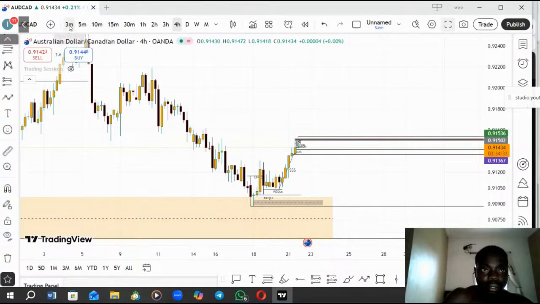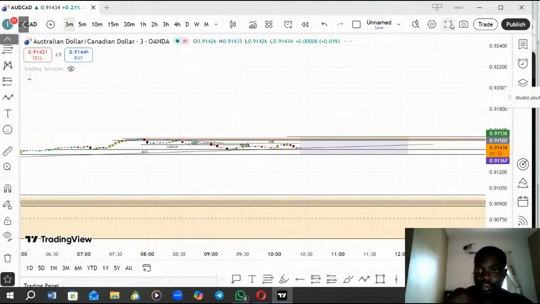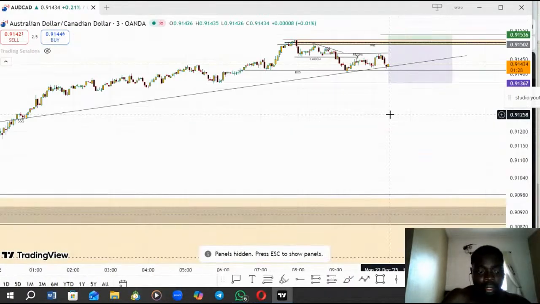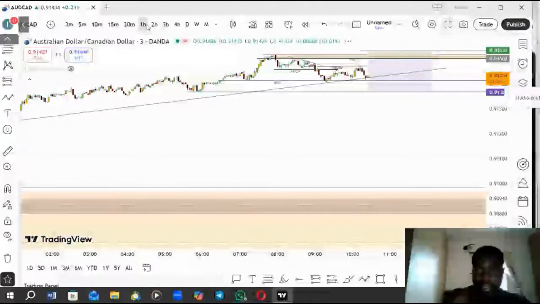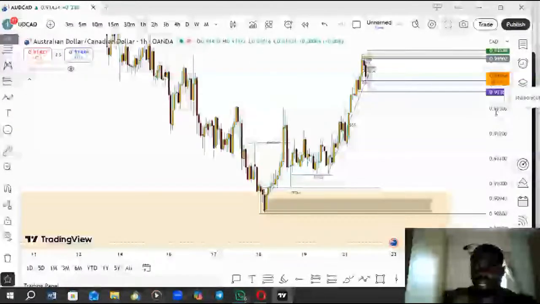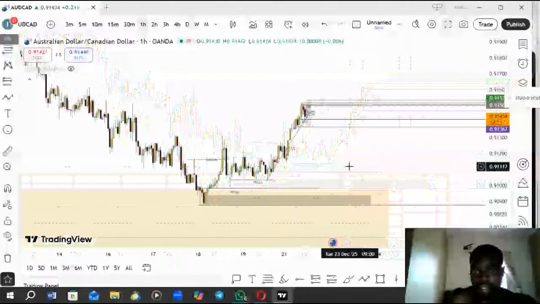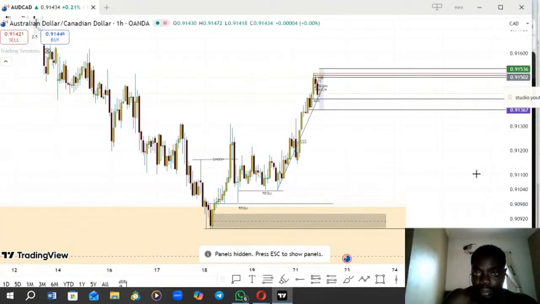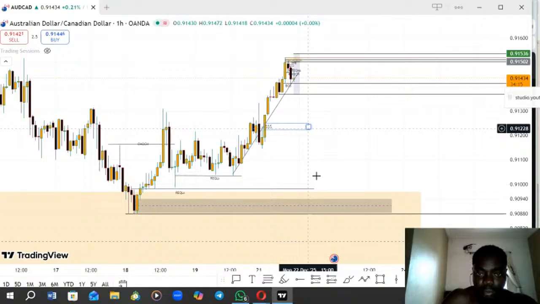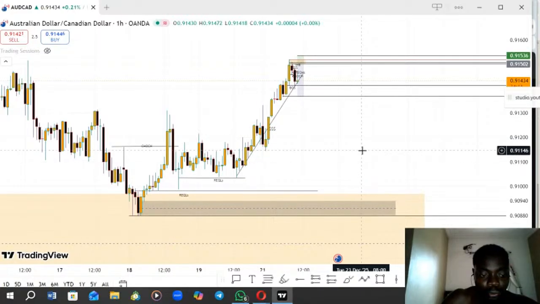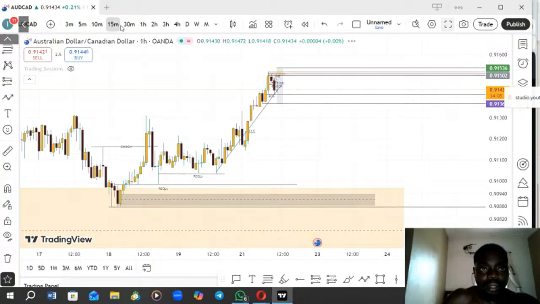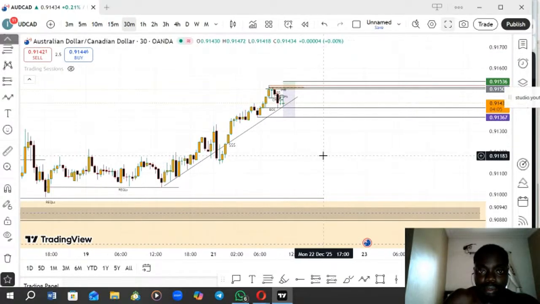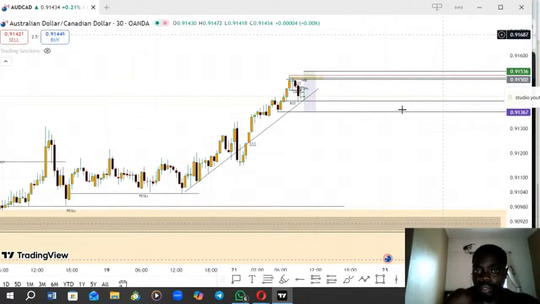Already from the 1 hour time frame, we saw that price should pull back to this area so that we join that trend, because we have equal lows here.